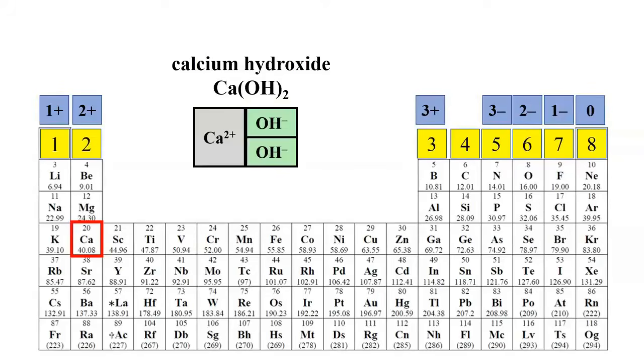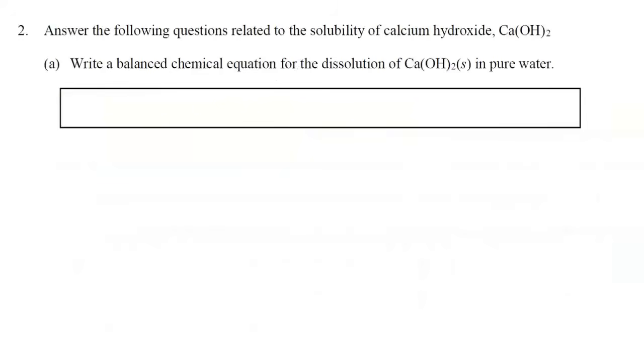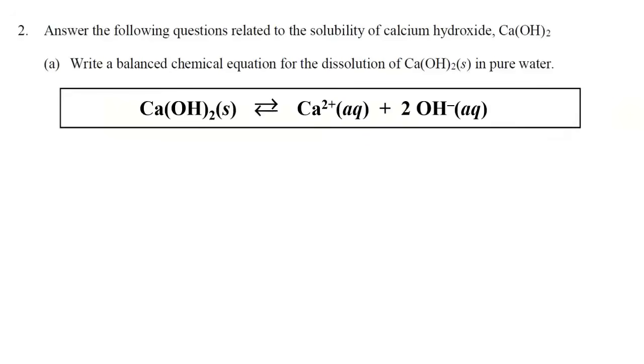So on the left will be the chemical formula, calcium hydroxide, solid, and on the right will be the individual ions, calcium and hydroxide. Don't forget to balance the equation, and don't forget to include the charges on your ions.